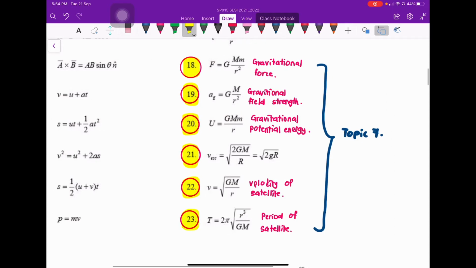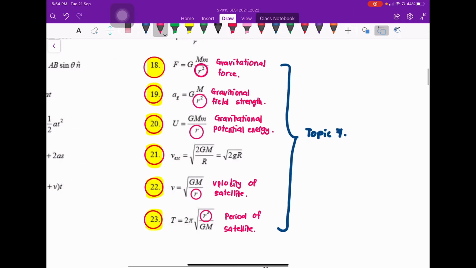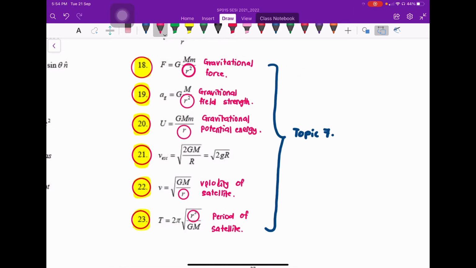Now, look at the symbol of small r and capital R. Look at this symbol, referring to the small r symbol there.